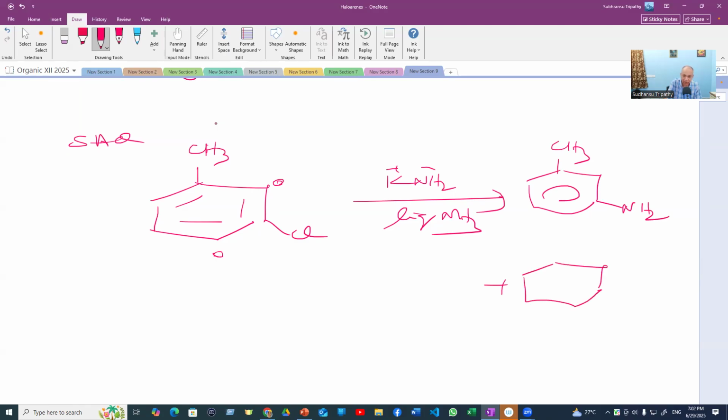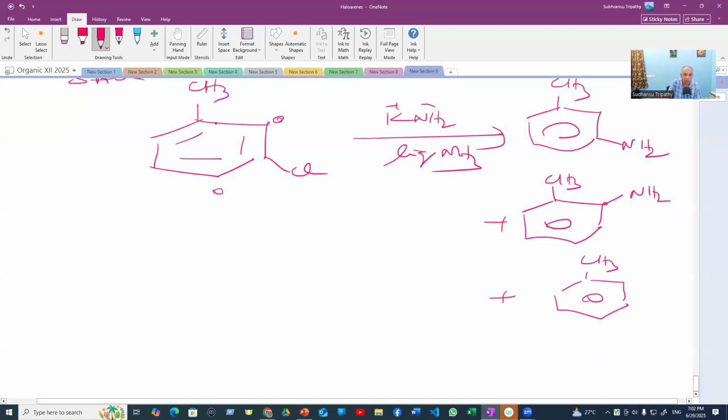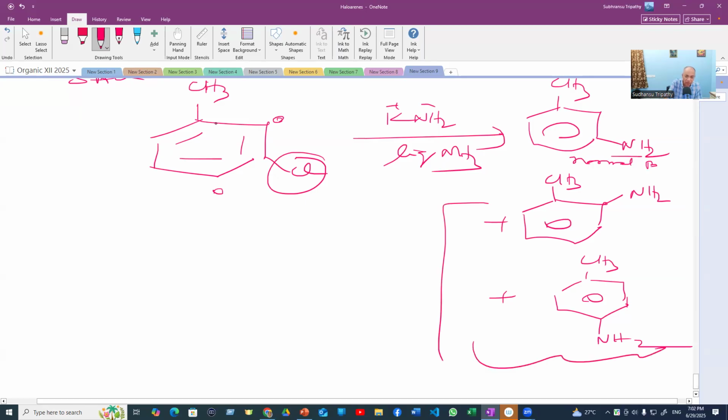Who can tell me why we are getting three products, in unequal yields? Usually the normal product predominates. I'll tell you the positions. This is the position where the leaving group was there, so this is the normal product. But these two are the cine substituted products.